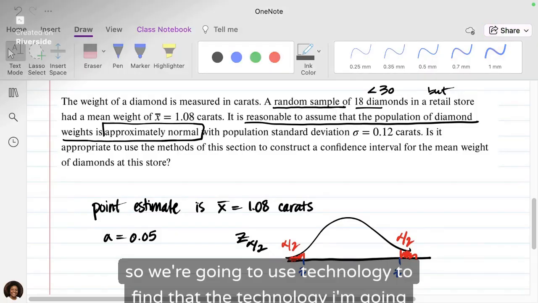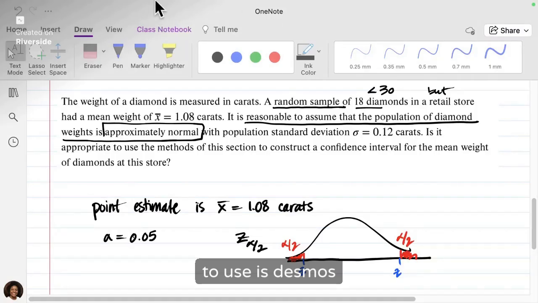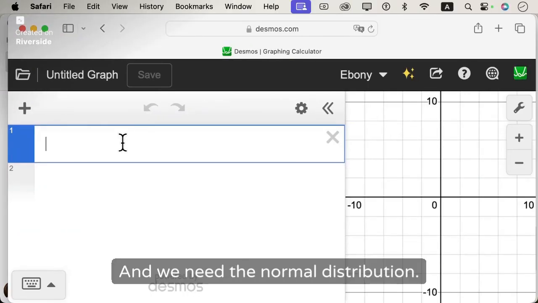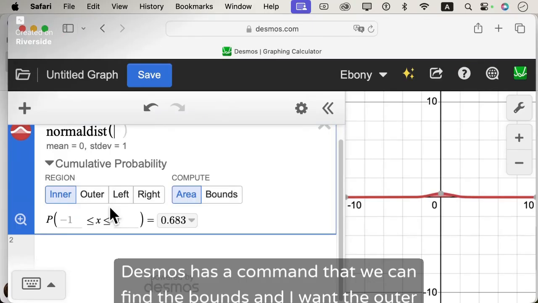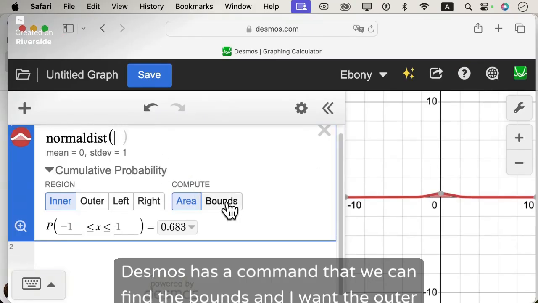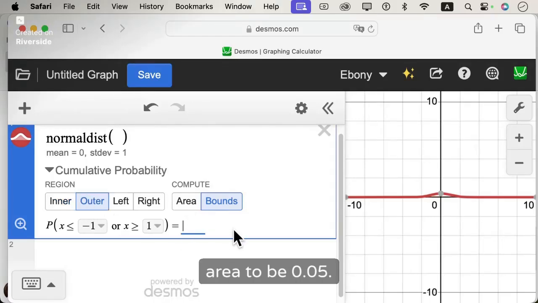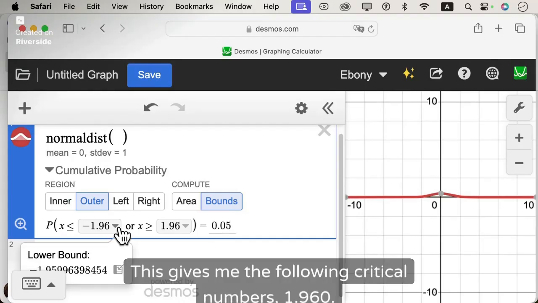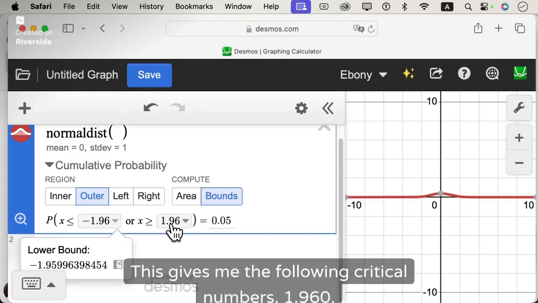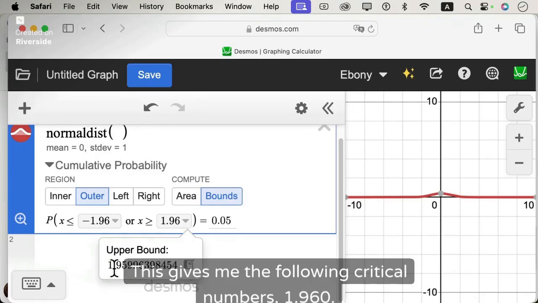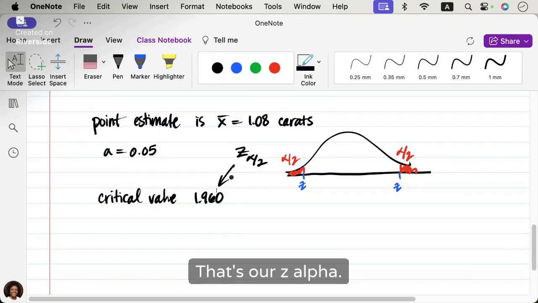The technology I'm going to use is Desmos. And we need the normal distribution. Desmos has a command that we can find the bounds. And I want the outer area to be 0.05. This gives me the following critical numbers: 1.960. That's our Z alpha divided by 2.